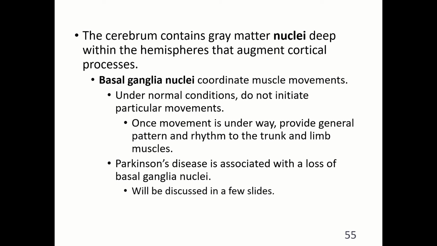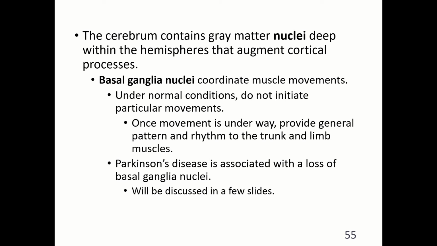The cerebrum contains gray matter nuclei deep within the hemispheres. These augment cortical processes, meaning that they aid in the cortical processes, particularly motor control. So the basal ganglia nuclei will coordinate muscle movements.